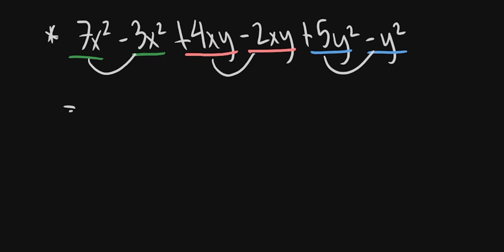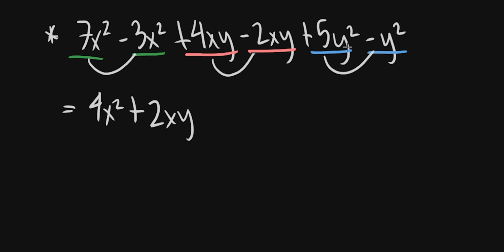So let's first do this. 7x squared minus 3x squared is equal to 4x squared. Then 4xy minus 2xy would result to positive 2xy.